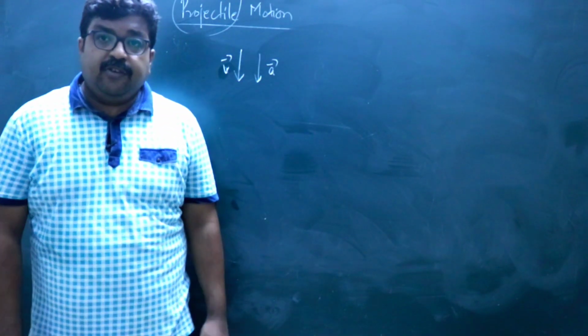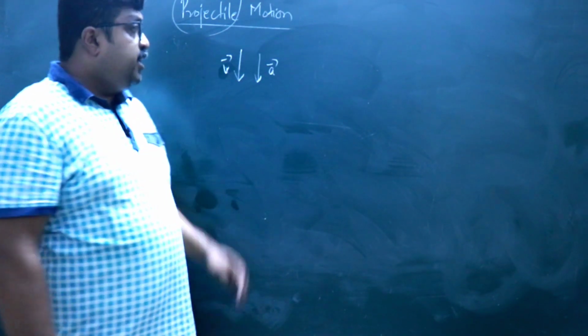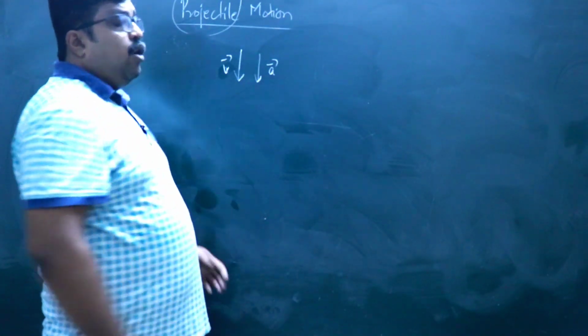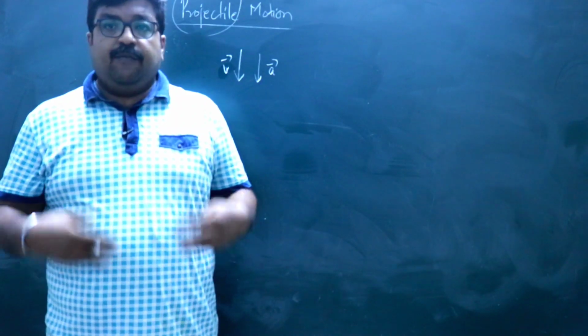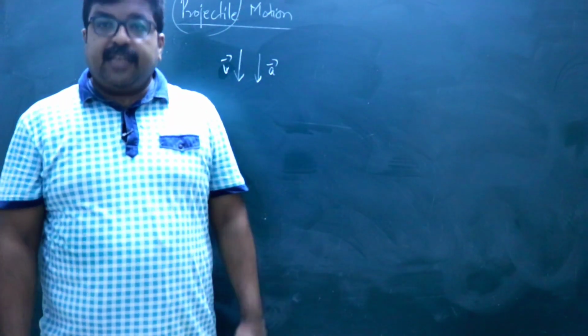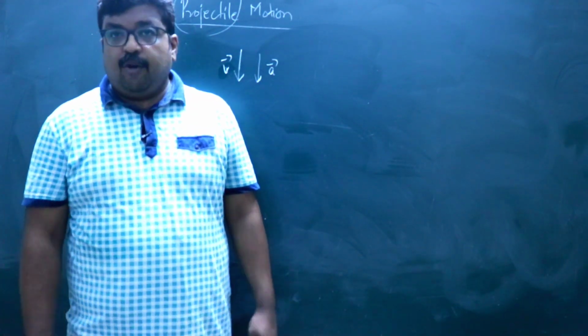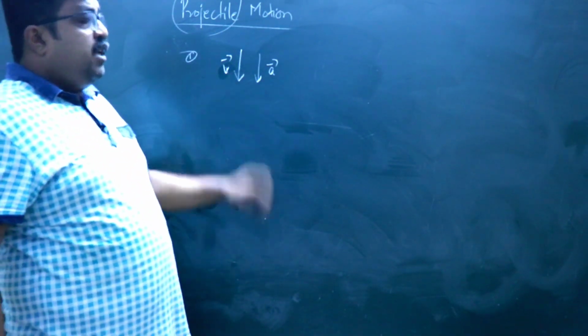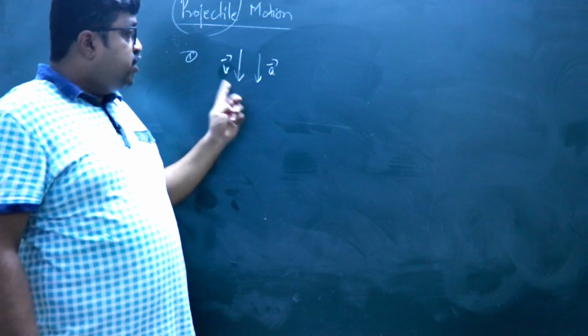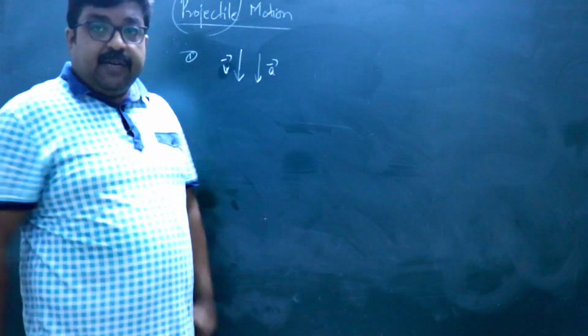If velocity and acceleration are in the same direction, in that case the object is said to be undergoing acceleration. The object's velocity will increase with time. Okay, accelerating object. So this is the case when there is acceleration. For acceleration, velocity and acceleration should be in the same direction.